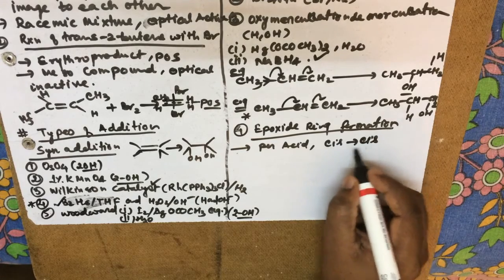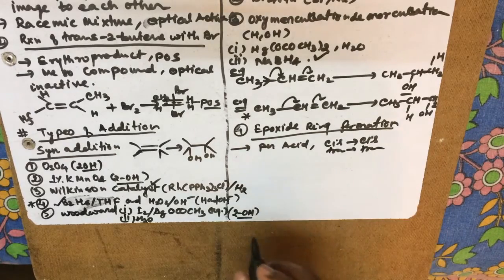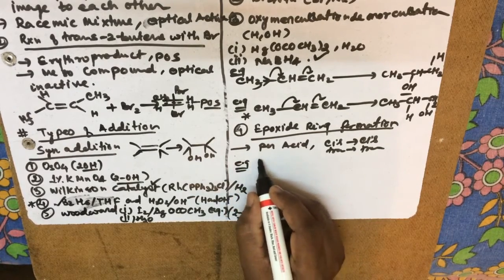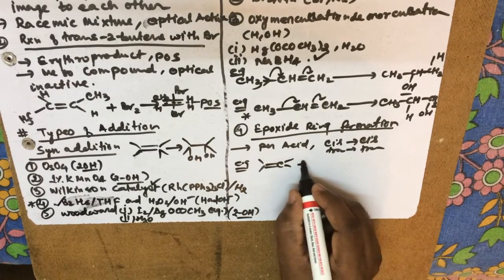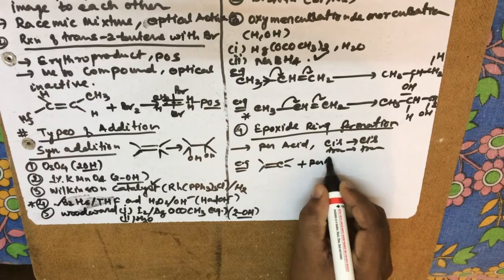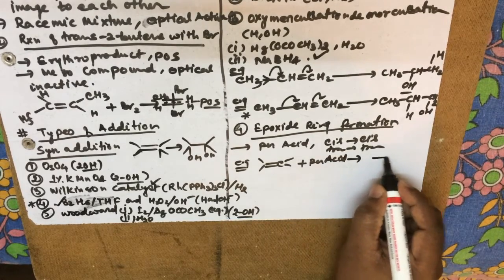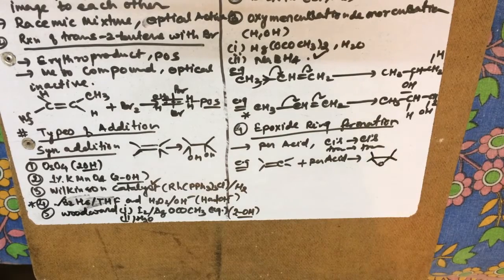If trans, then it gives the trans product. So if you see an example, you have an alkene and your peracid, then it forms this product directly.